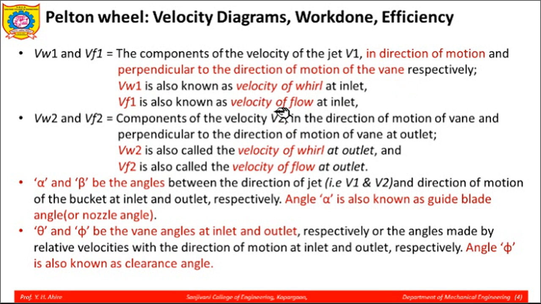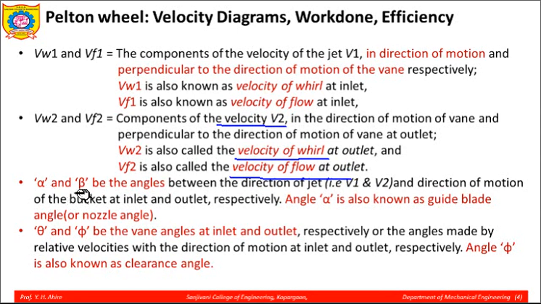VF1 is known as velocity of flow at the inlet. VW2, VF2 are the components of velocity V2 in the direction of motion of vane and perpendicular to the direction of motion of vane at the outlet. VW2 is known as velocity of whirl, while VF2 is known as velocity of flow at the outlet.